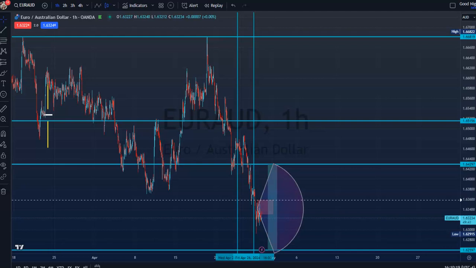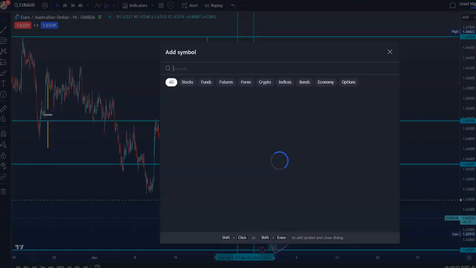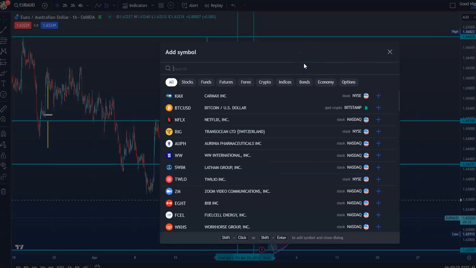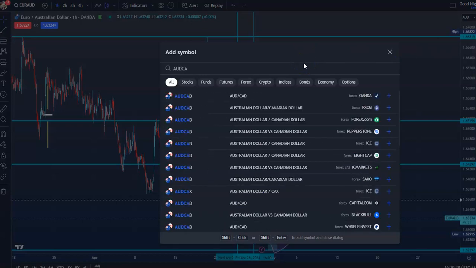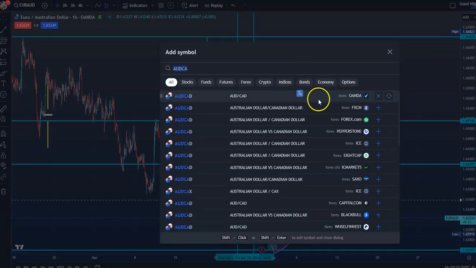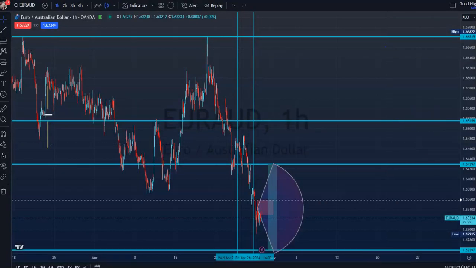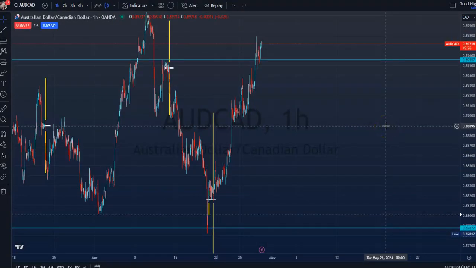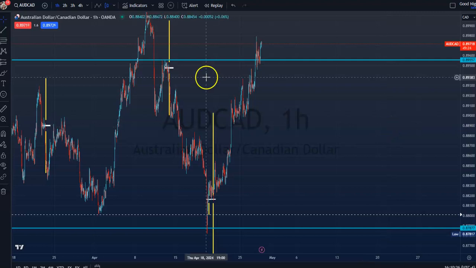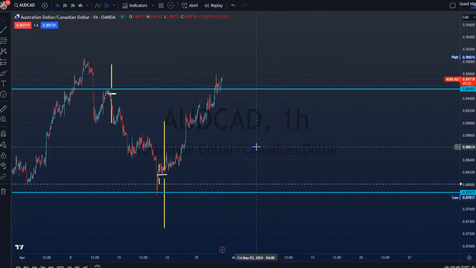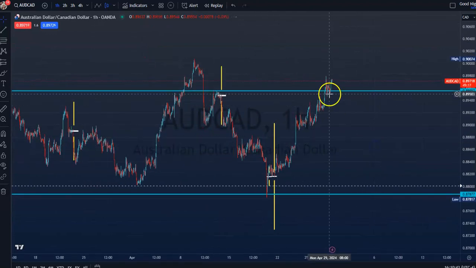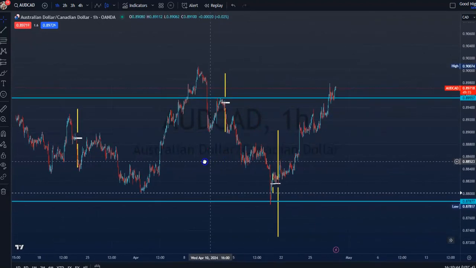So let's take OddCAD. There's some of these I had taken off my list. Some of the Forex ones I've taken off the list. I think this is a bracket.